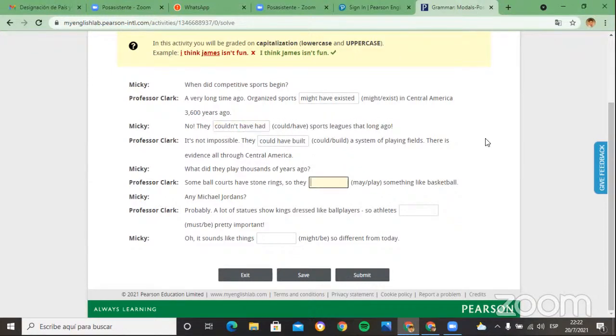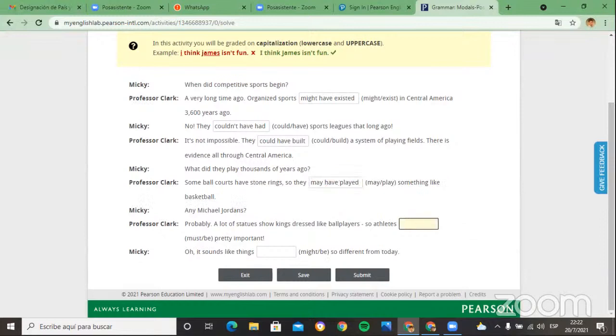Yes, now it's correct. Okay, you're forgetting one word.